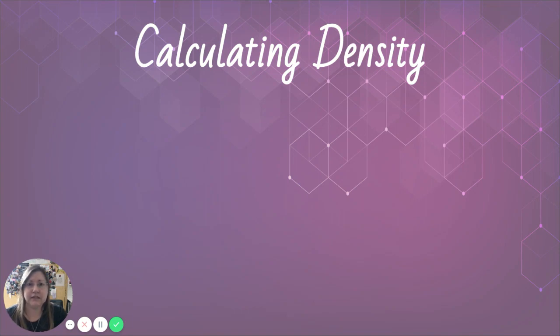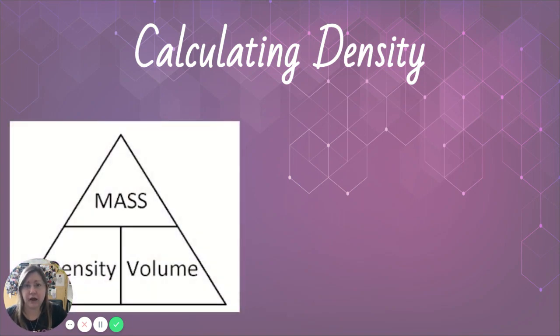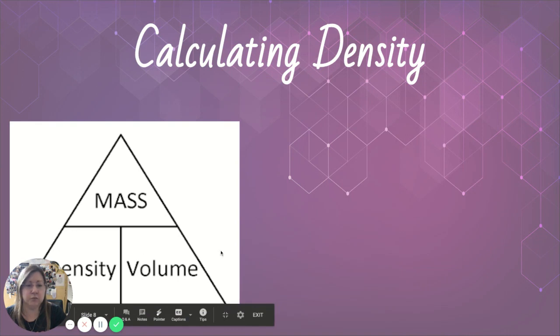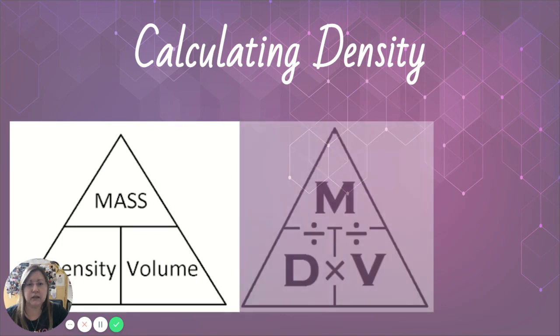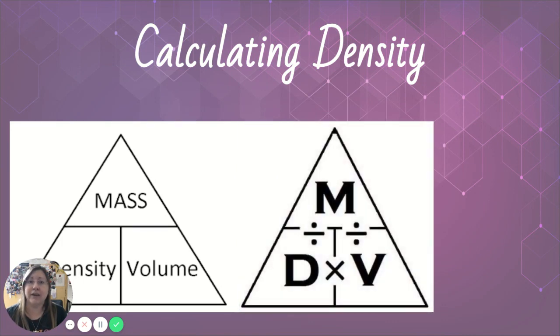So how do you calculate density? We were just talking about how density equals mass over volume. This fun little triangle here helps a lot of people to keep these straight. We've got mass at the top, we have density, and then we have volume. So that is one way that a lot of people keep track of our equations for determining density, mass, or volume. Since there are those three variables, if you know any two of them, then you can solve for the other one.